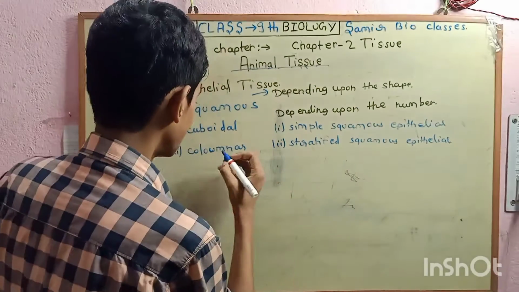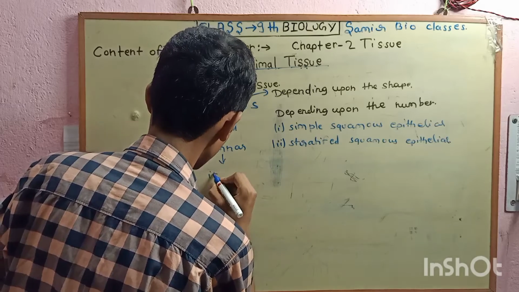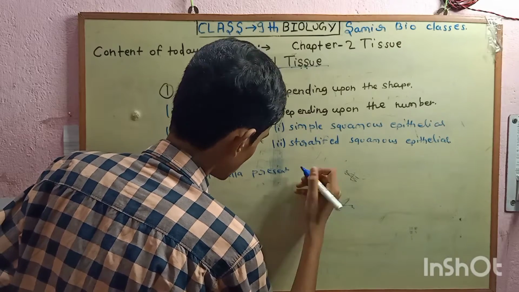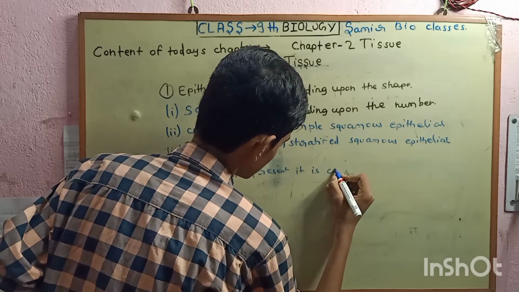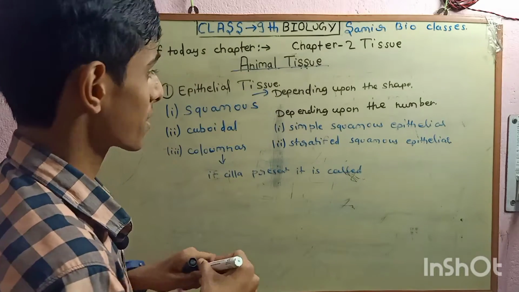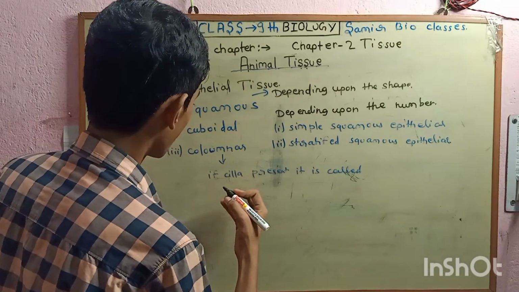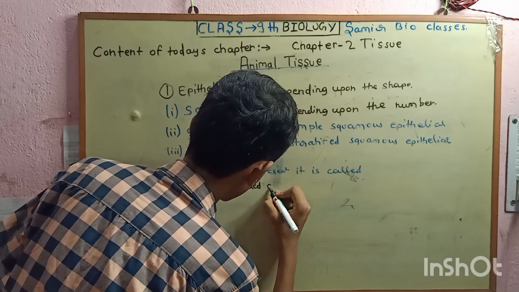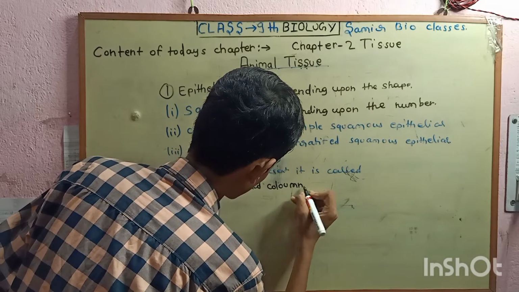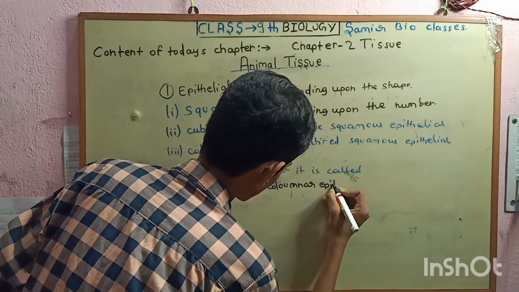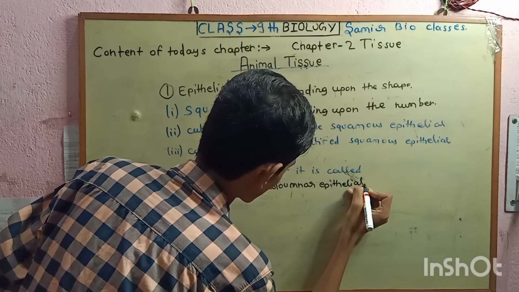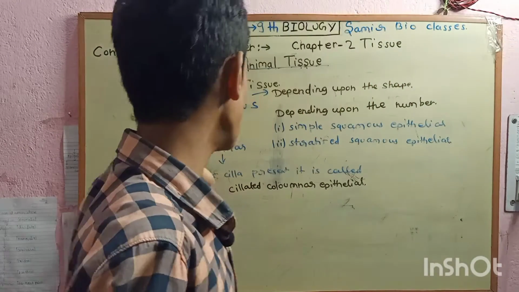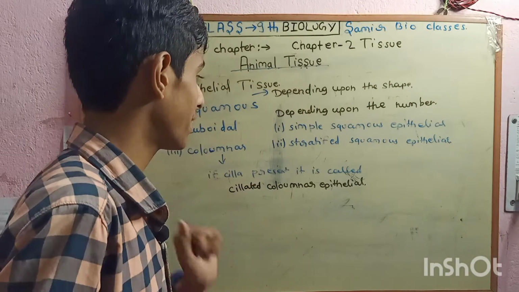In a columnar epithelium, if cilia are present, it is called ciliated columnar epithelium. So this is our epithelial tissue, depending upon the shape and depending upon the number.